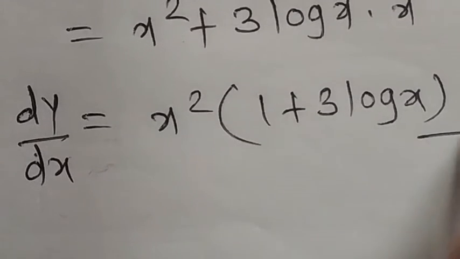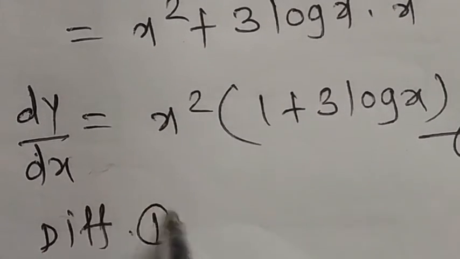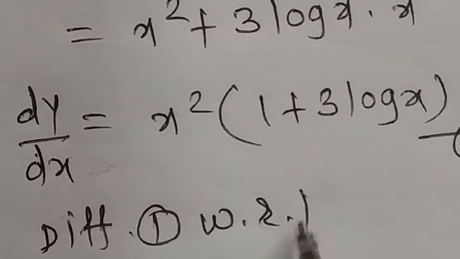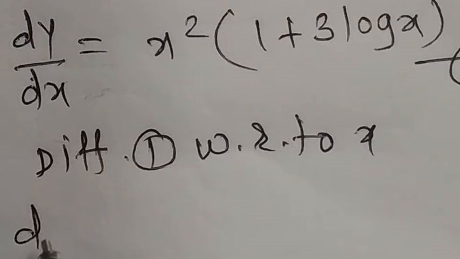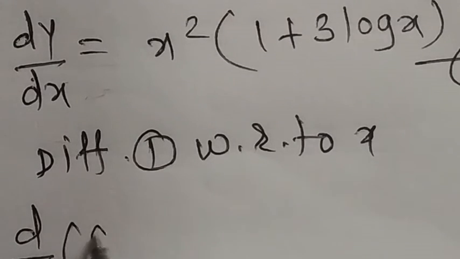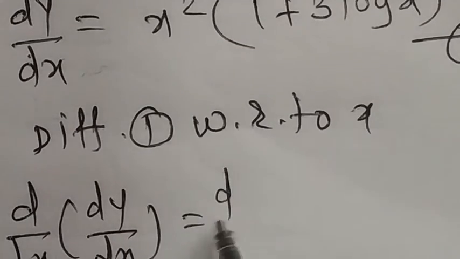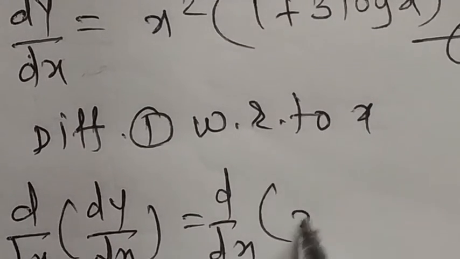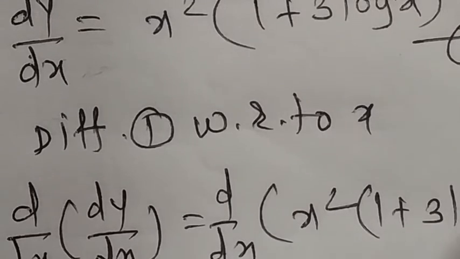Again, suppose this is 1. Differentiate 1 with respect to x, because we want to find the second order derivative. That equals d dx of dy by dx, which equals d dx of x square into 1 plus 3 log of x.